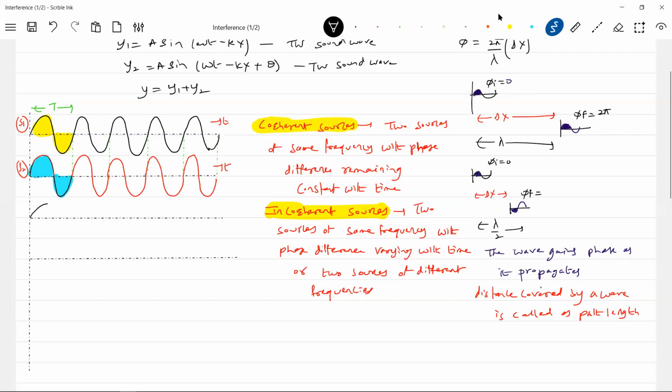I think I'll draw it a little bit small. Amplitude doesn't matter. Only one line. Okay, this is one wave, and the other wave.